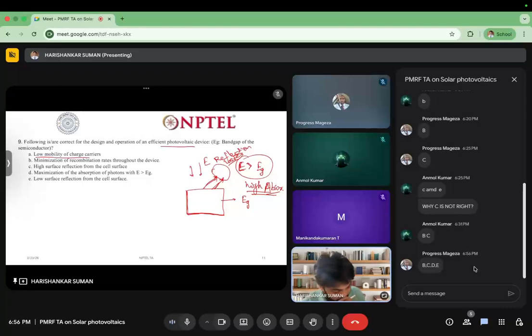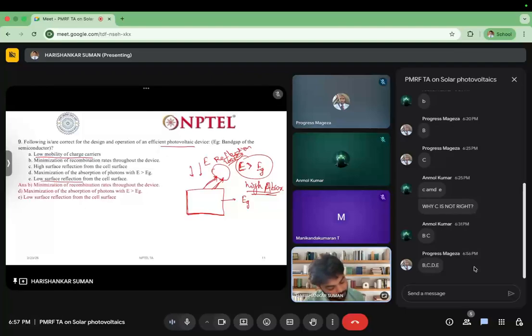Low mobility means electrons or electron-hole pairs move very slowly. So the mobility of charge carriers should be high, and carrier lifetime should be long, so B, D and E are the correct options here.